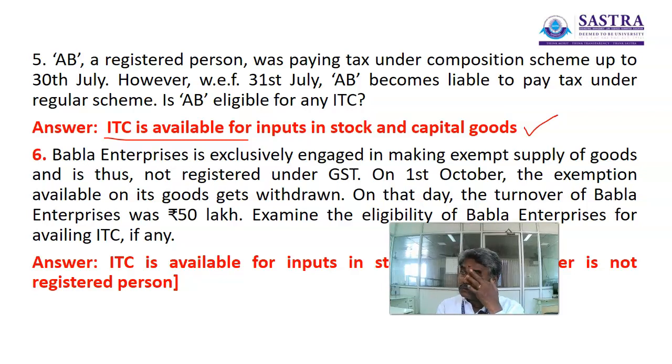When you switch over the scheme of payment, like from composition to regular scheme, you are eligible. Changing over the scheme is possible. And basically AB is a registered person, so automatically he is eligible to claim ITC.